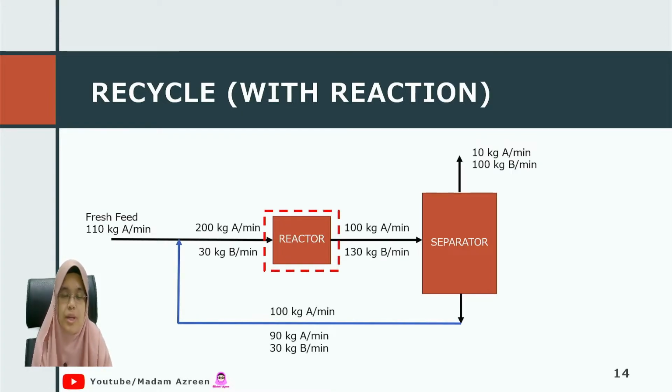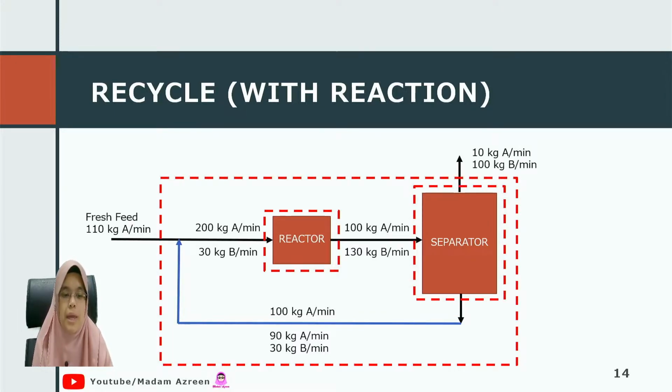It could be at your reactor, at your separator, or your overall boundary condition, meaning the outer layer of your block diagram. And don't forget another boundary condition at a mixing point, a mixing point from a recycle stream.